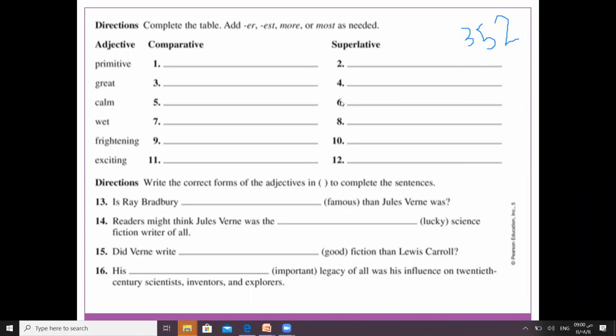They didn't ask you to put less, they asked you to put more or most. Yes, more primitive and most primitive. In comparative, we will add more primitive, and in superlative, we will add most primitive.